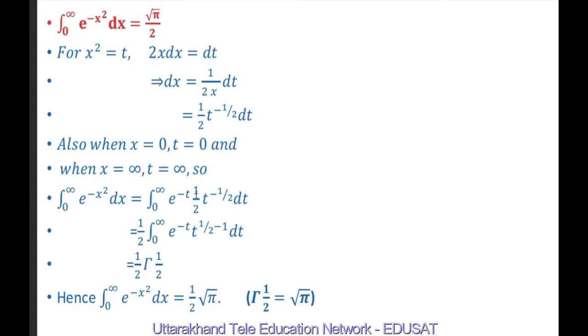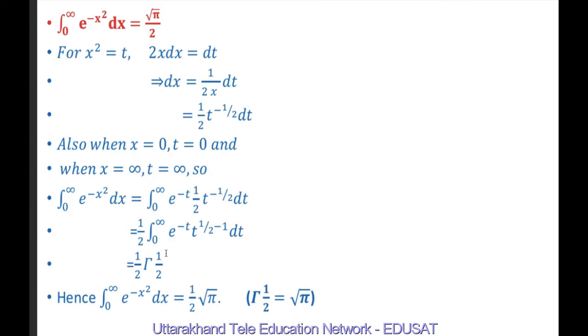So 1 upon 2 will be outside because it is constant, 0 to infinity e raised to power minus t, and we can write minus 1 upon 2 as 1 upon 2 minus 1 dt. And this is nothing but gamma half, because in place of n we have 1 upon 2 here. So this is gamma half by definition of gamma function.